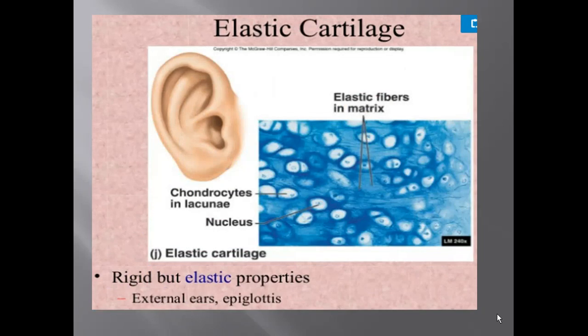Elastic cartilage means the matrix has a lot of elastic fibers, with chondrocytes covered by lacunae and also the nuclei. It is found in the external ear and epiglottis.